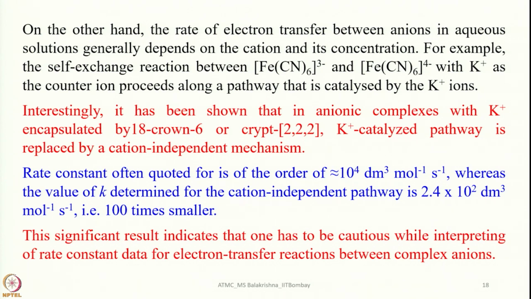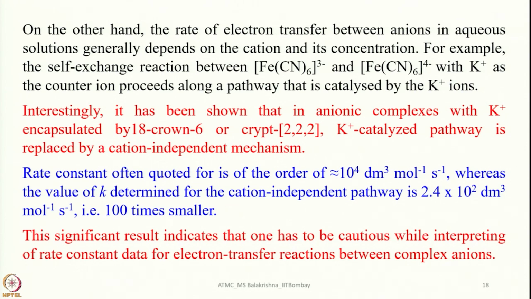For example, a typical self exchange reaction between hexacyanoferrate 3 minus and hexacyanoferrate 4 minus, with K plus as the counter ion, proceeds along a pathway that is catalyzed by the K plus ions. That means in such self exchange reactions, cations play a major role and they facilitate this process through their catalytic activity.